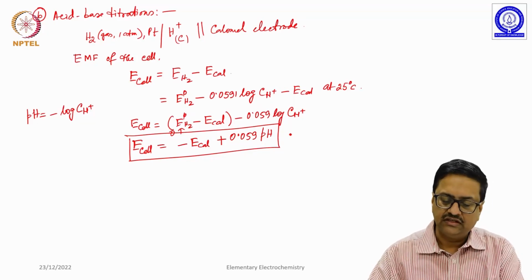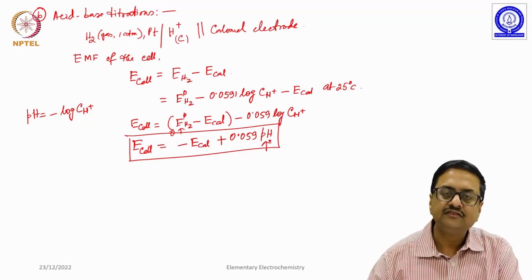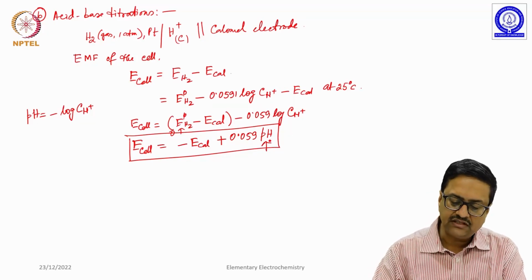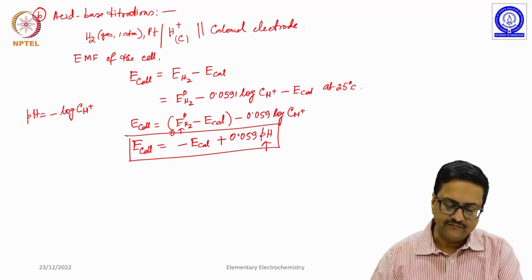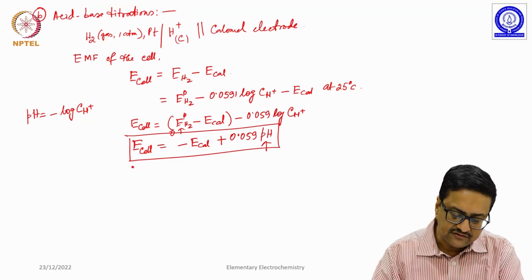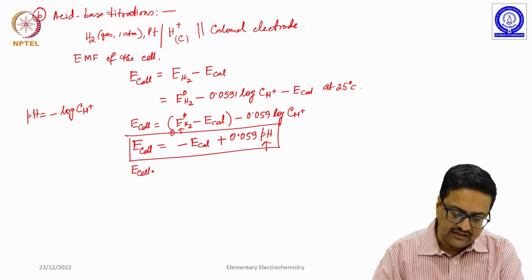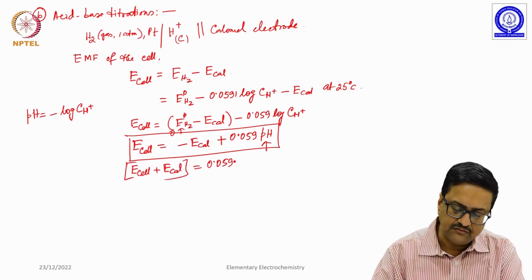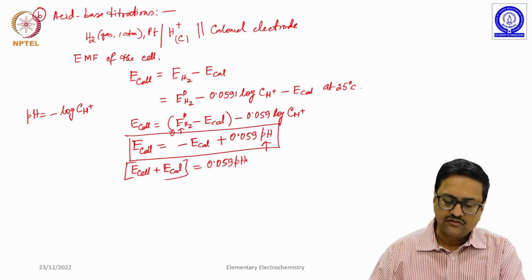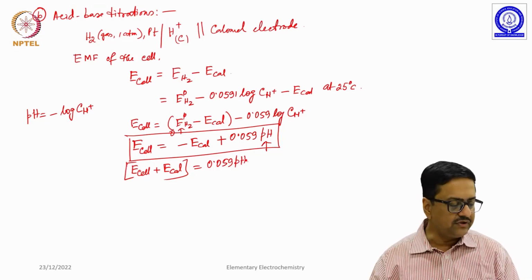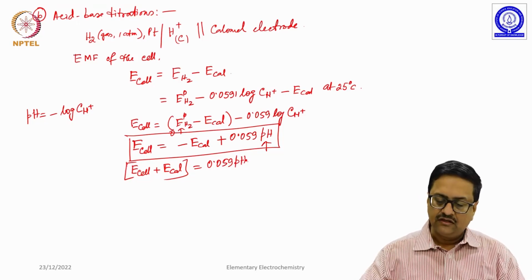So, using this equation, we have a variable pH. One can measure the corresponding pH, which essentially means E cell plus E calomel equal to 0.059 pH.